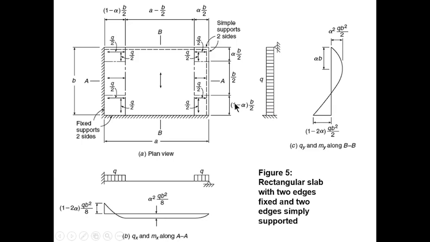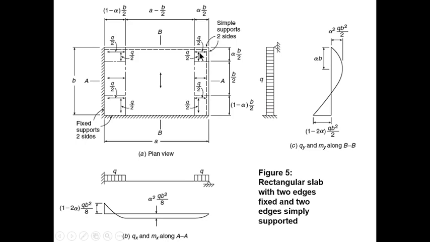So when you do 1 minus alpha at this edge, you use alpha at the other edge. So this is alpha B over 2, 1 minus alpha B over 2. Since alpha is usually less than 0.5, 1 minus alpha is usually going to be higher than alpha. Because of that, you're going to have a bigger strip on the continuous edge and a smaller strip on the other side that is simply supported.